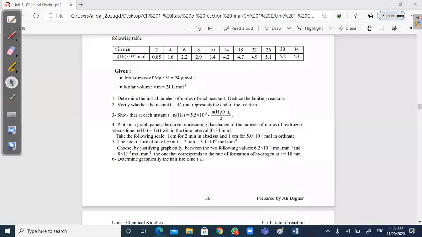Okay. 6. Determine graphically the half-life time.